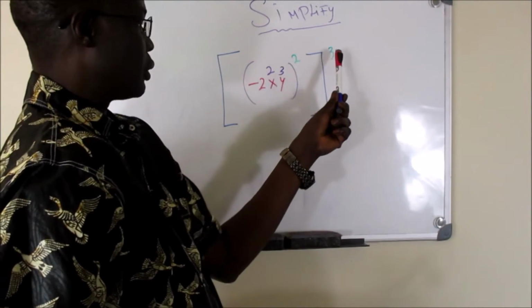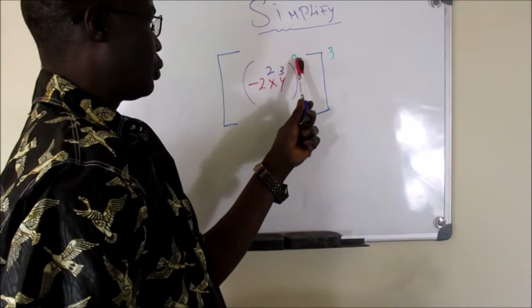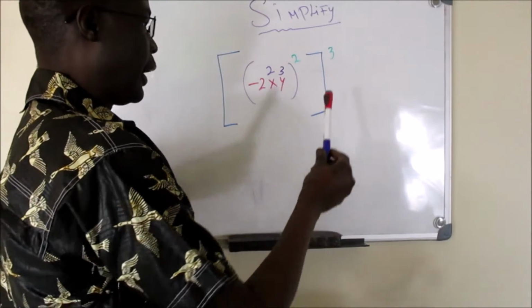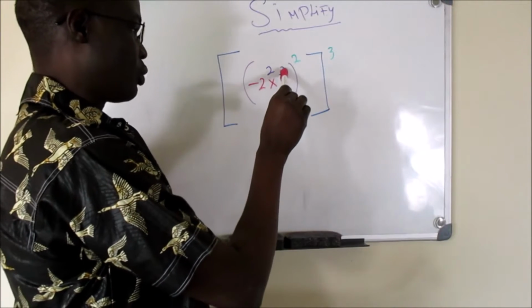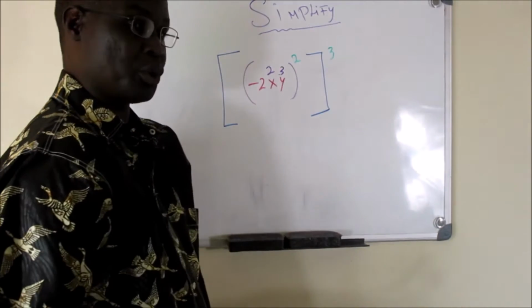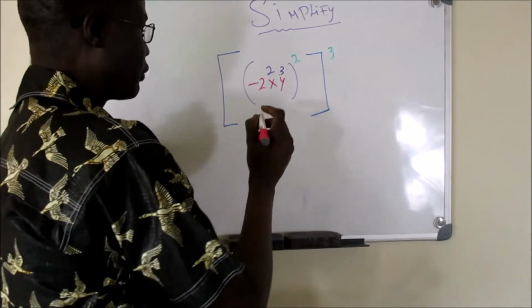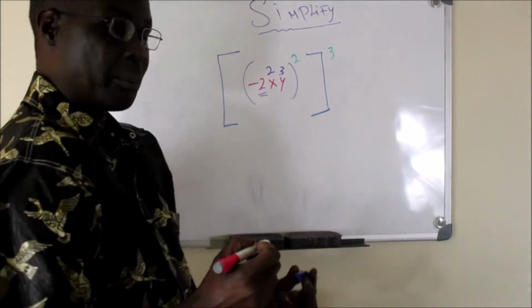The first, we can multiply 2 times 3, we have 6, and then you multiply 6 by 3, and this time is 2. And in this exercise, the new thing we have here is -2.